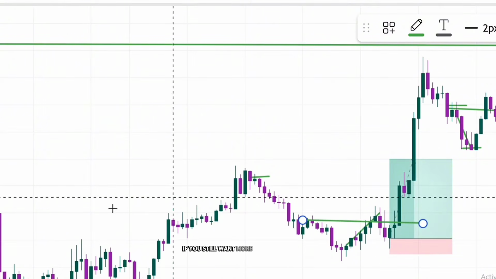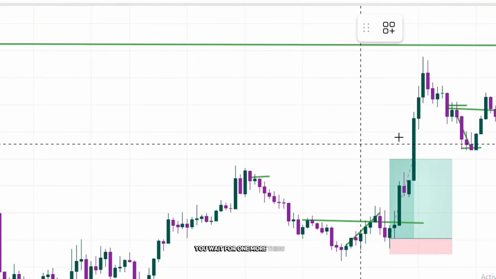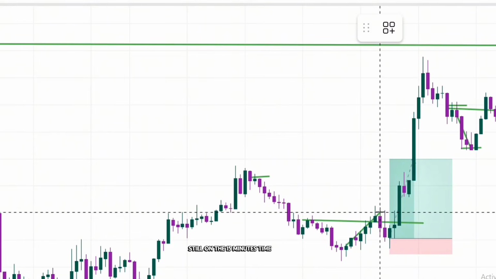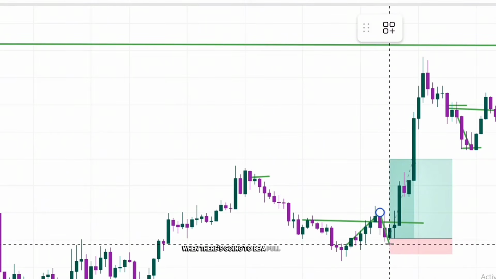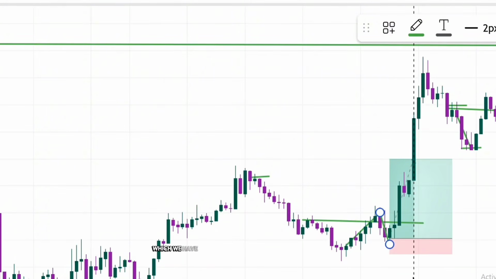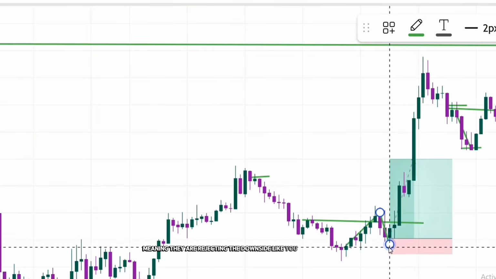If you still want more confirmation, you wait for one more thing, still on the 15-minute time frame, when there's going to be a pullback. All right, that pullback, which is a 15-minute correction, which will have maybe sometimes a sort of bearish swing, meaning they are rejecting the downside, like you can see here.